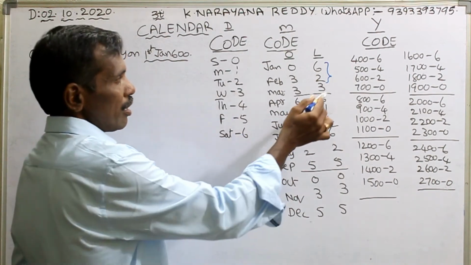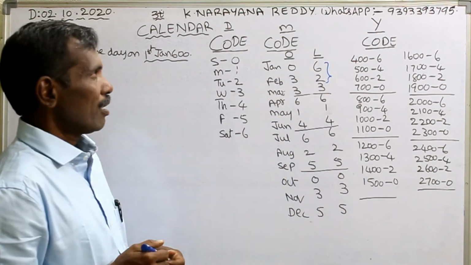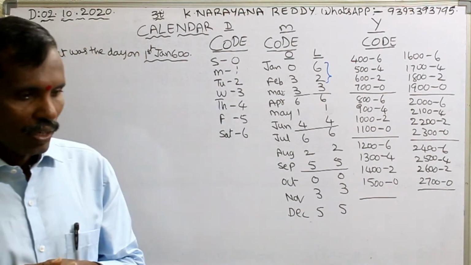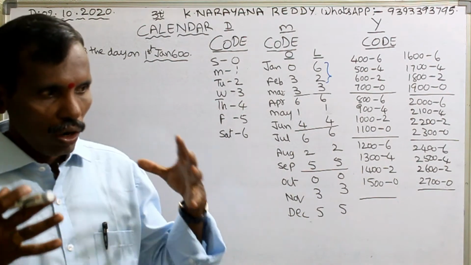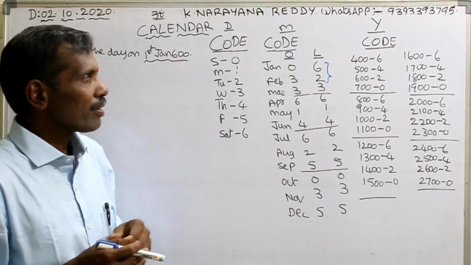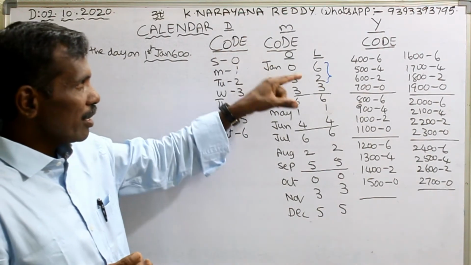Okay. Remaining all are the same except these two, January and February. Some difference also happens in January whenever a leap year comes. How that happens, I will tell in the future classes. What is the difference? We are taking it only in January, the remaining months are also there.